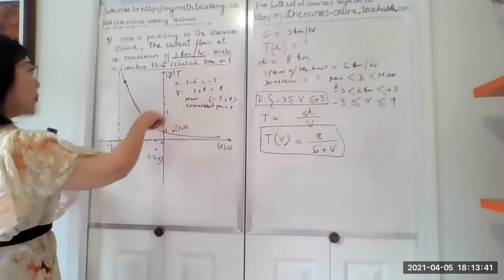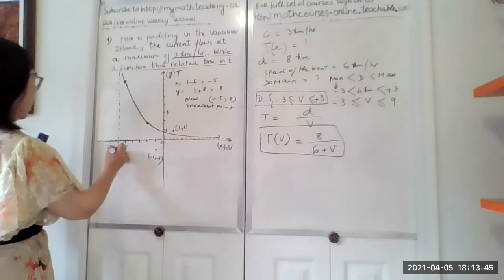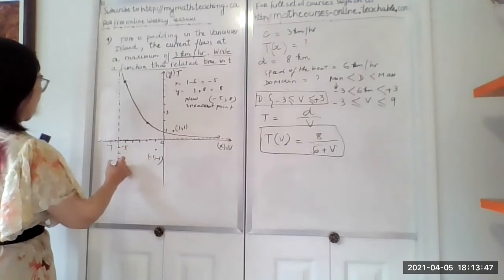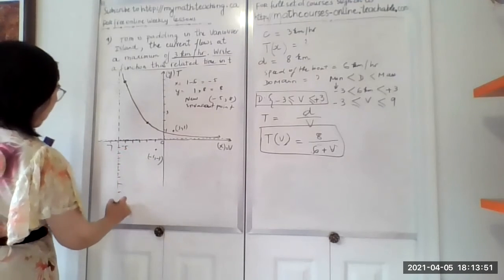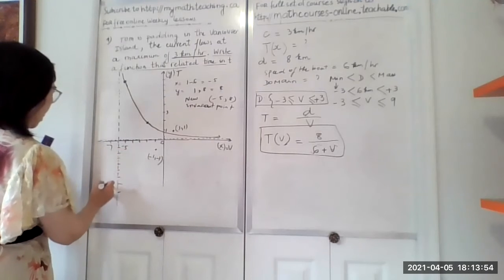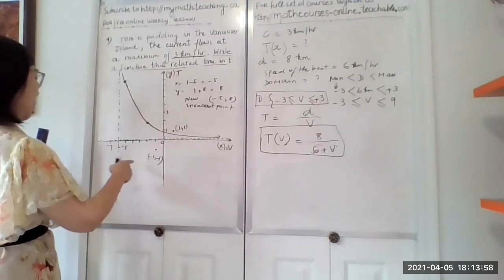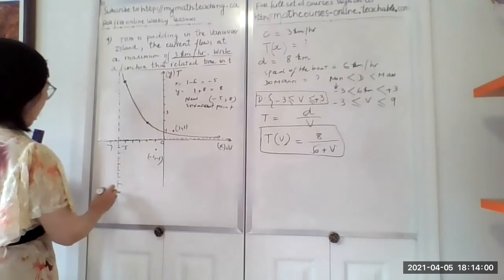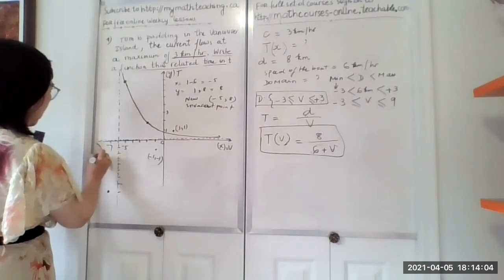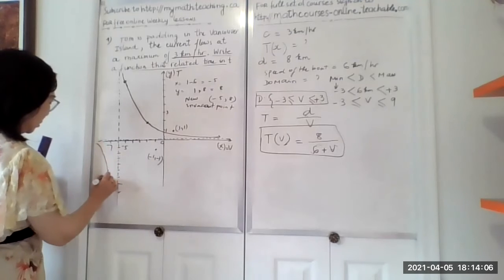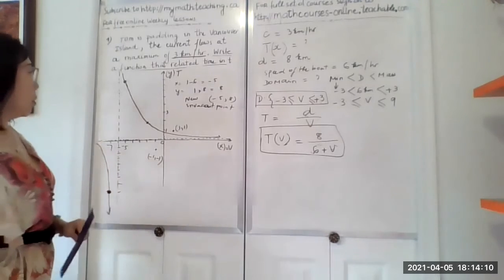And down here will be -1 times -a. So 1, 2, 3, 4, 5, 6, 7, a, -a somewhere here. So our new invariant point will be -1 added to -6, which is -7, right here and down here. So it's about here. Okay, that's a new invariant point.